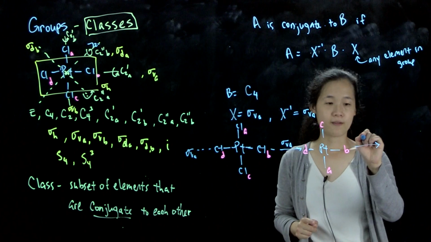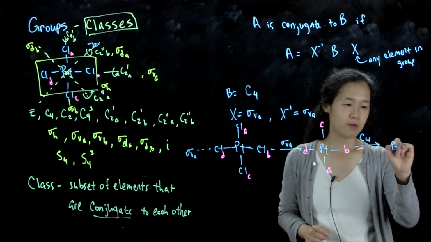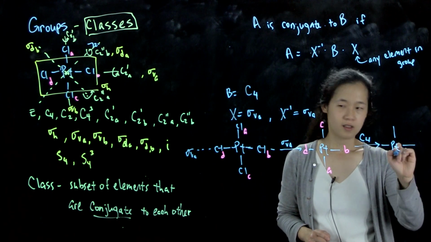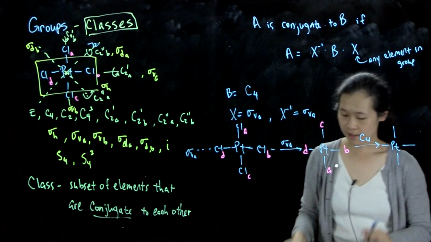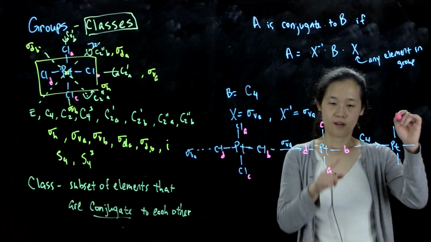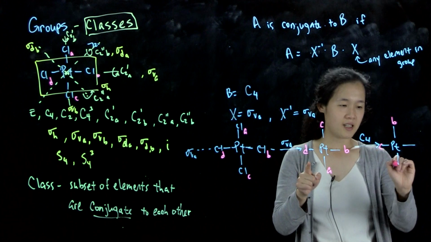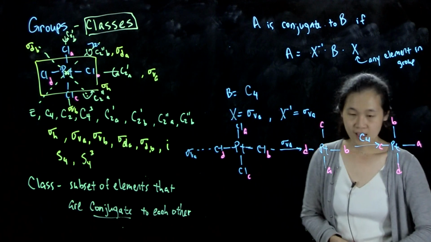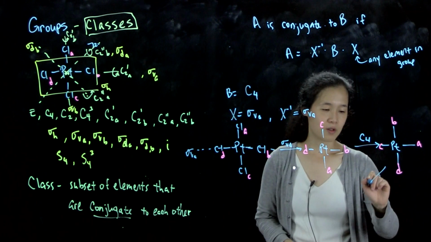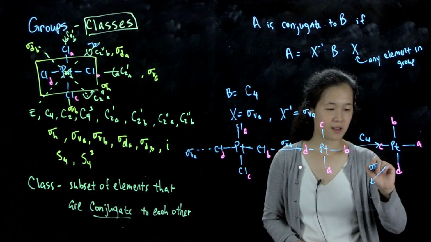So now we'll do the C4. And this will give us, so rotate counterclockwise, we will get B, C, D, A. And lastly, we'll do our x reciprocal, which is going to be sigma VA.